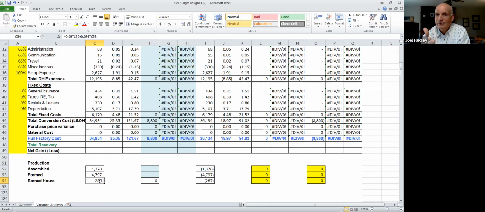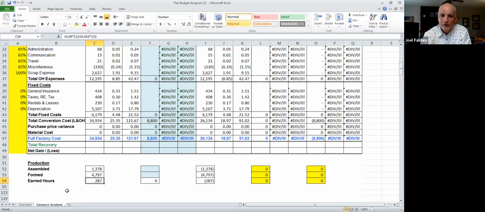These earned hours are based on your labor routing hours, which should be 287,000 based on my assembly and based on my formation, because every department is driving. There's more than just those two departments, but those are the main ones that the others feed to. Those are the number of labor hours it should take to generate this product.